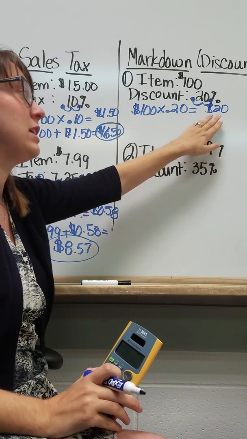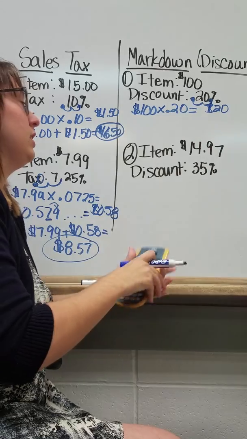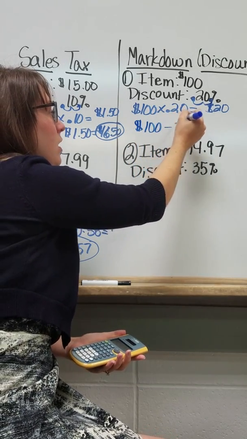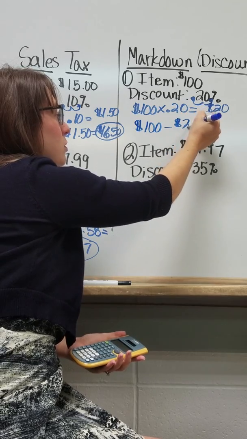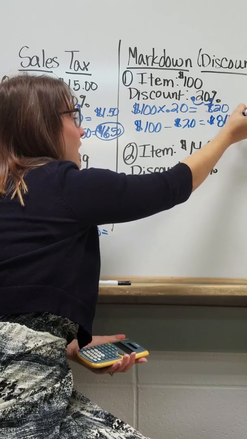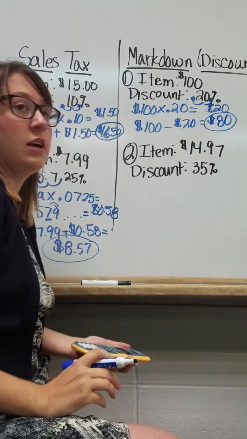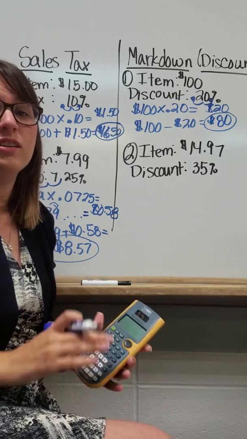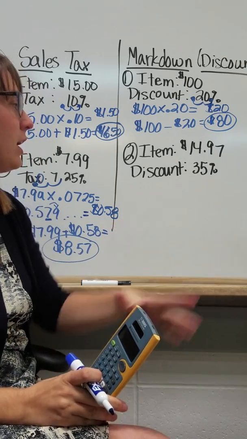I have a $100 item, I'm going to take $20 off. So subtract our cost of our item minus the discount, which we found was $20. We are now going to pay $80 for our item. Pretty good deal.